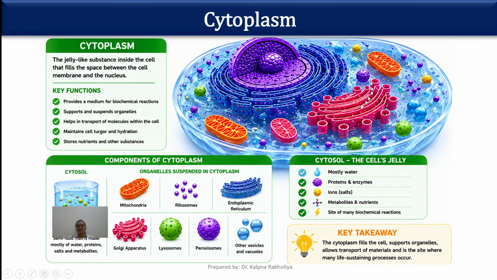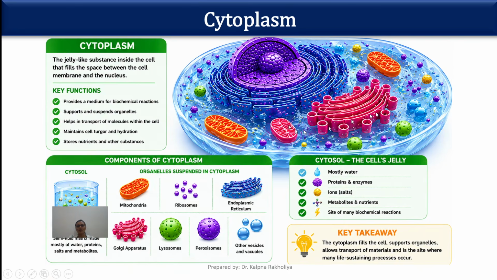Throughout the inside of the cell the cytoplasm is present, in which several organelles are found. This jelly-like substance fills the space between the cell membrane and the nucleus. Which components are present in the cytoplasm? All the organelles we discussed, like mitochondria, chloroplast, endoplasmic reticulum, Golgi body, peroxisome, glyoxysome, right?